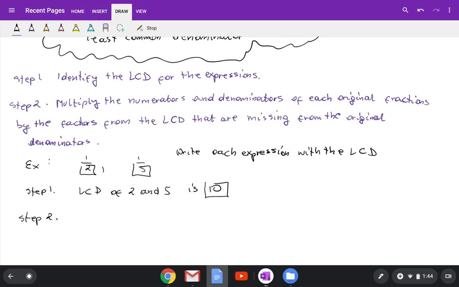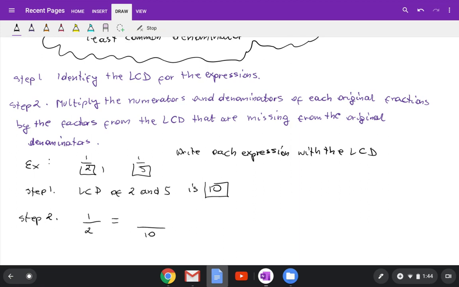So step 2 explains this. You take your original fraction, the first one, 1/2, and you want to rewrite it using the least common denominator. So I want to rewrite 1/2 having denominator 10. So you're creating an equivalent expression.